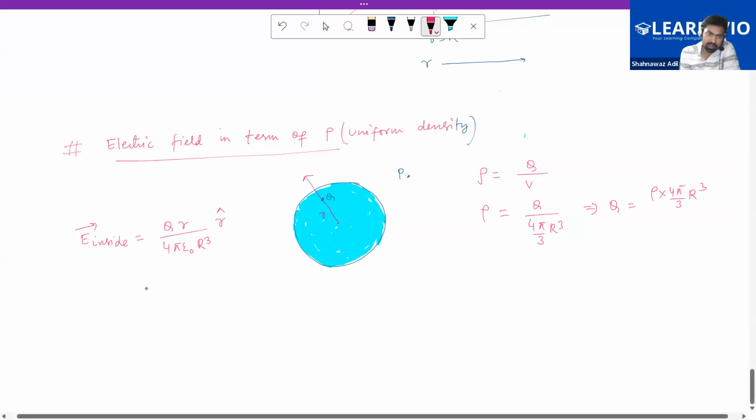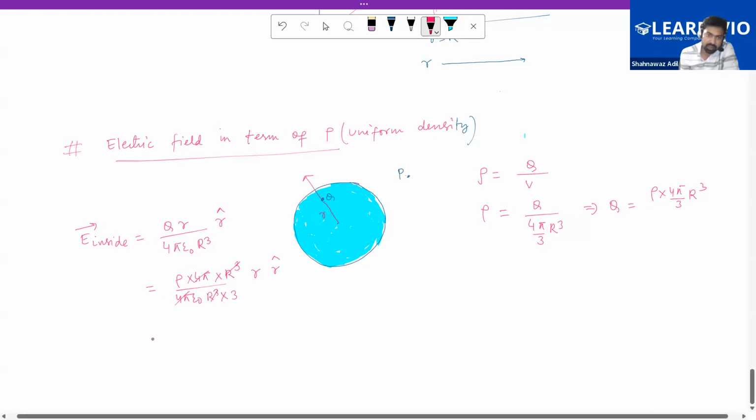If you plug this value in, we get rho times 4 pi by 4 pi epsilon naught R cube times 3, times r. R cube cancels, and the 4 pi cancels.